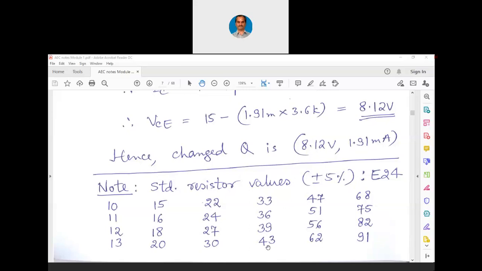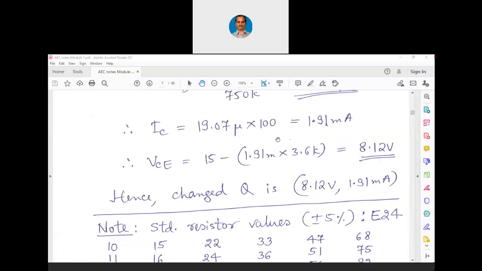Similarly 33, 36, 39, 43, 47, 51, 56, 62, 68, 75, 82, 91. This is called the E24 series, which has totally 24 values. In this series, 75 is there, 71.5 is not there. That is why 750 kilo ohms is standard. 75 is standard, 750 is standard, 7500 is standard.